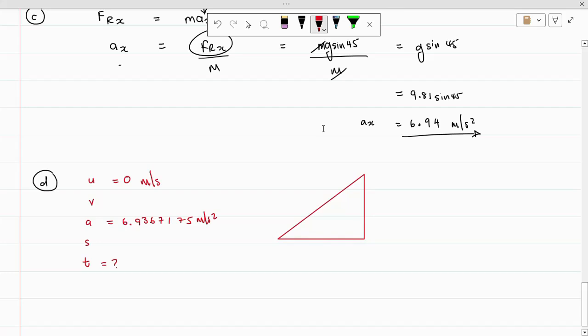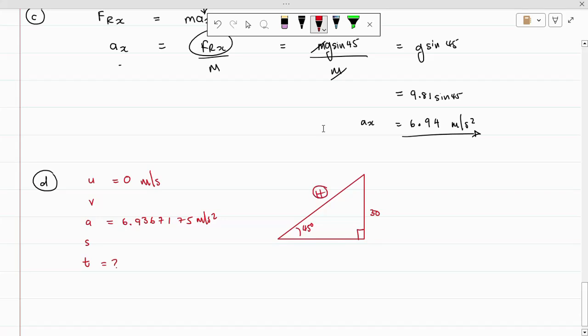Okay, this is a 45-degree triangle. Since it's height versus the ground, this is going to be 90 degrees, and this is going to be 30. And this is your opposite, like we've said, and we're looking for the hypotenuse.